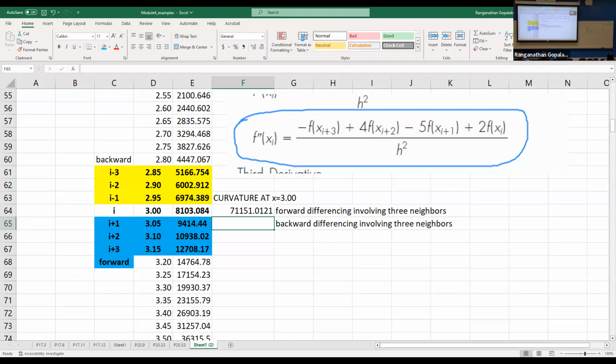So pick out the formula. Actually let me add here, this formula came from table 23.1 or figure 23.1. So if I go to figure 23.2, here is my formula.